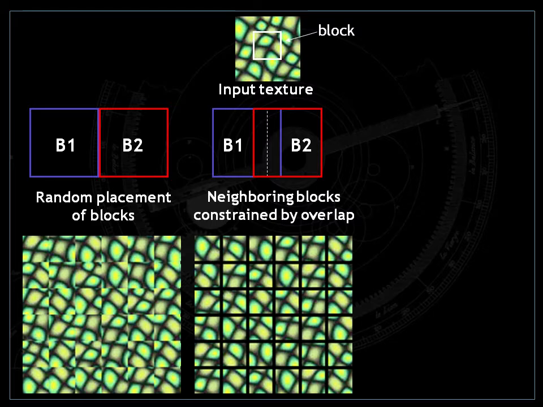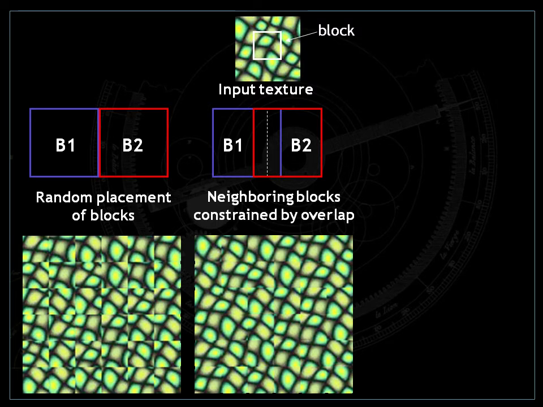Now we overlap the blocks a little bit. We introduce some amount of overlap. And so now to choose block B2, we don't just do it randomly. We choose it so that it agrees with block B1 along the area of the overlap. These are the blocks that were chosen this way. And then when we put them together, we get something that looks quite a bit better.